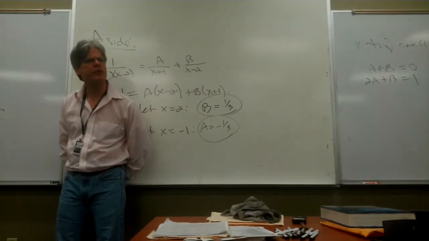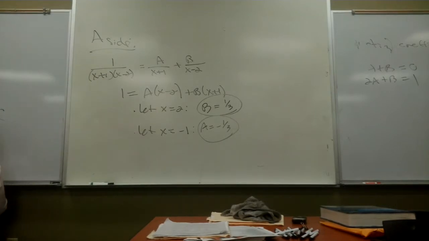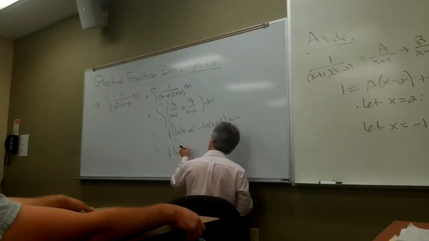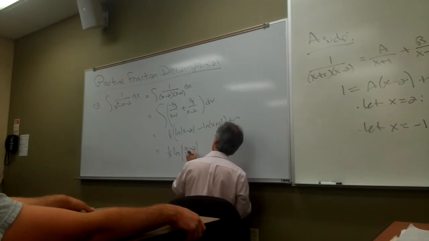You guys, that doesn't look very pretty, does it? I said, that doesn't look very pretty, does it? 1/3 times natural log of (x minus 2) over (x plus 1). Very nice. Now that looks pretty.